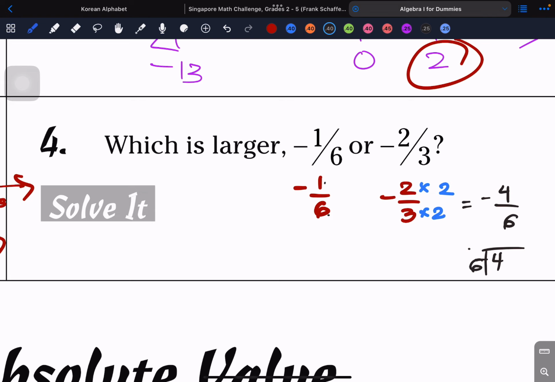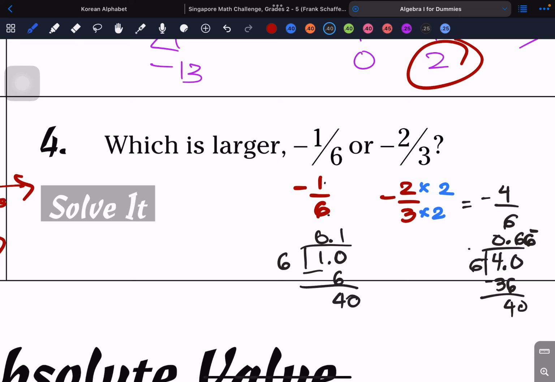Pag 4, divide mo sa 6. 6, 36, 4. So, ito ay magiging 0.66. Paulit-ulit lang. Ito naman ay 0.1. Diba kapag nahihirapan ka sa fraction, pwede mong gawin ito. So, 0.16. Pero, ang answer dito ay negative.